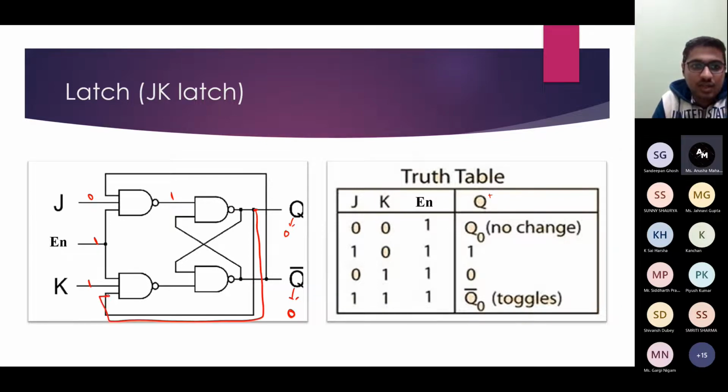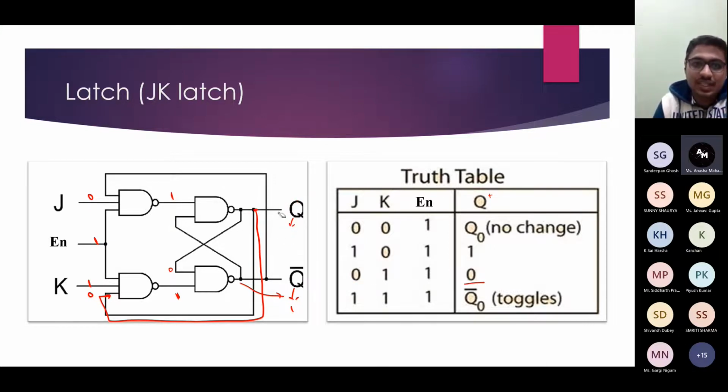So here input will be 0 and output will be 1. So 1, and here it was 0. So 1 and 0 will produce 1. That's correct, obvious, because Q is equal to 0, so Q complement will be 1. Means when J is 0, then Q will be 0. Here Q is equal to 0 when J is equal to 0 and K is equal to 1.